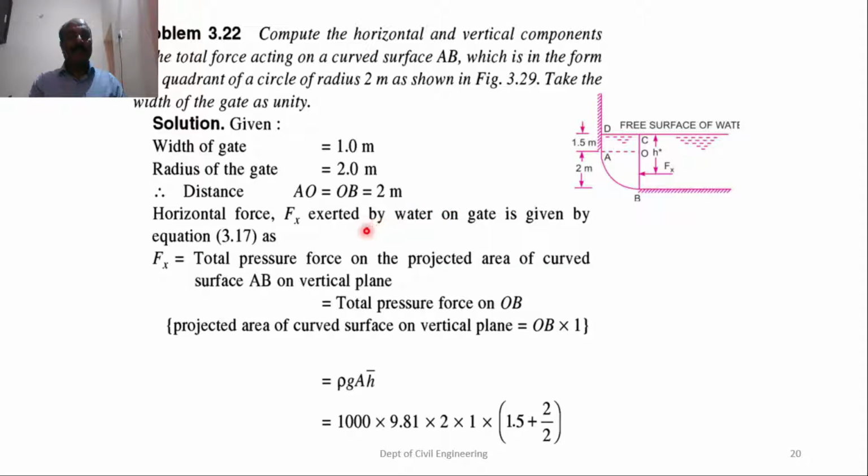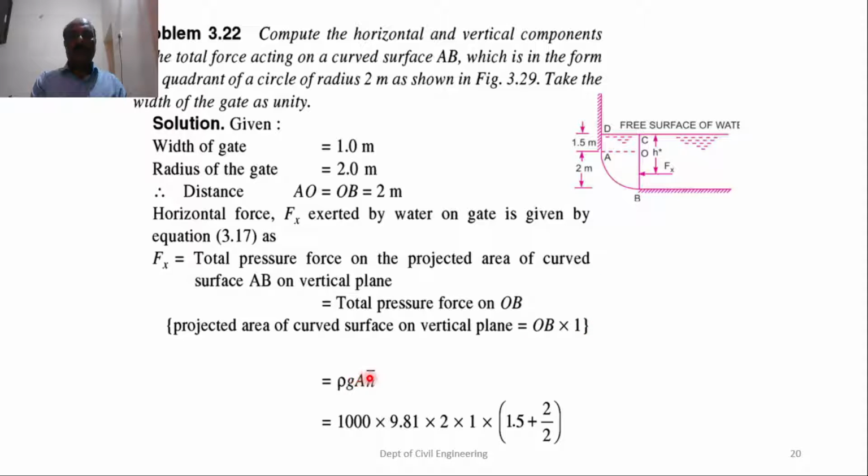Then the horizontal force Fx exerted by the water on the gate is given by equation 3.17. You have to apply the total pressure force on the projected area of the curved surface AB on the vertical plane, which is equal to the total pressure force on OB. The projected area on the vertical plane is OB into 1.